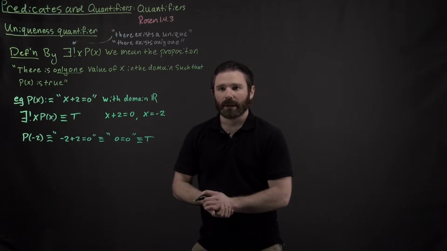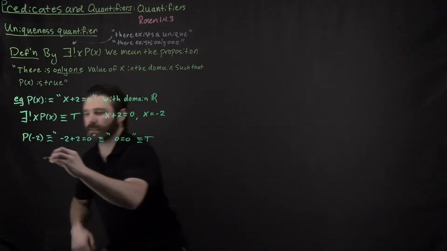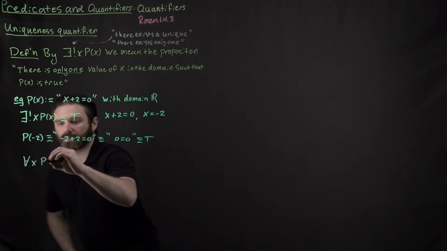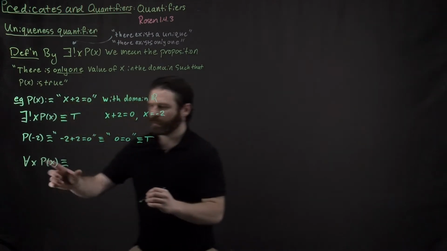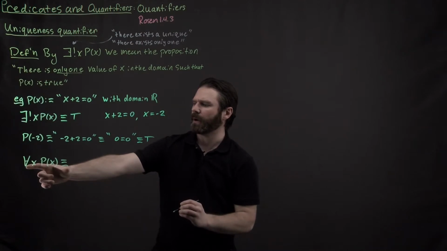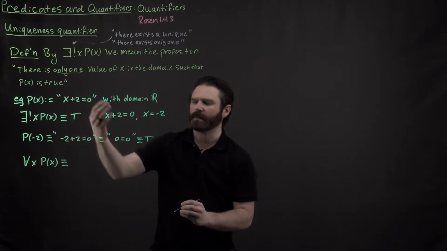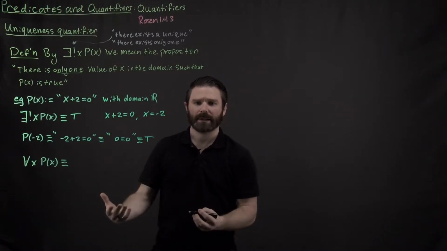If you wanted to make a comparison with our other quantifiers that we've been looking at, you can try and take a guess at this. Well, with our domain R, is it true that all values of x plus 2 equals 0? Well, definitely not.